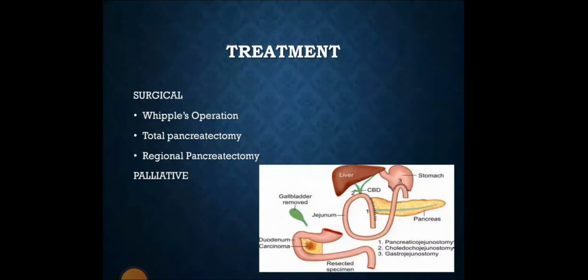And when resection is possible, we are talking about the carcinoma head. The head and neck of the pancreas together with the duodenum can be resected. That procedure is called pancreaticoduodenectomy, or Whipple's operation.